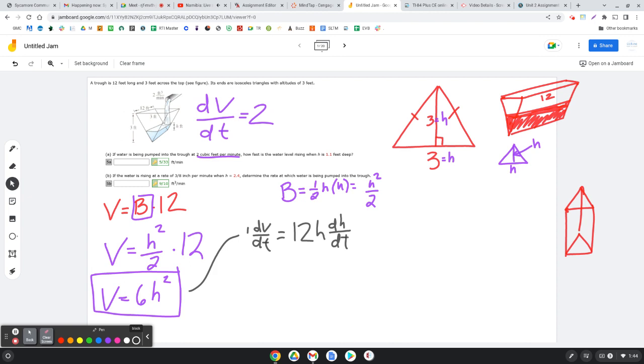Ready? So now we probably know all these things. Part A, dV/dt is 2. How fast is the water rising when h is 1.1? Sweet.